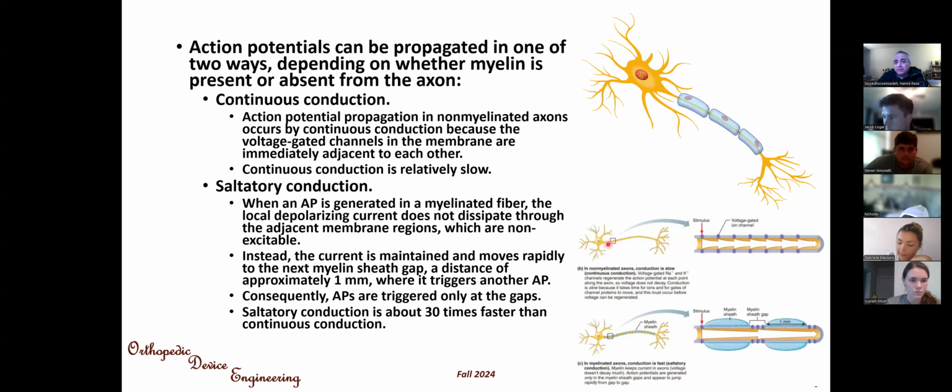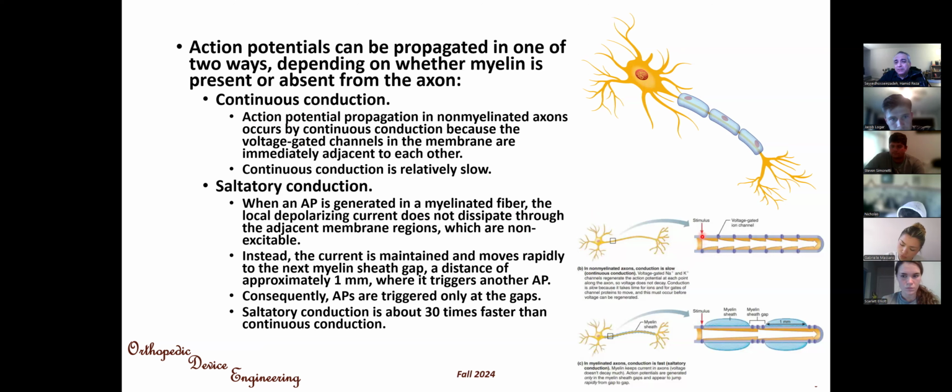If the axons are simple and they don't have any myelin sheath, I said myelin sheaths cover the axons and they support and provide nutrition, but they have an important function that is here. If the axons don't have any myelin sheath, they use continuous conduction.